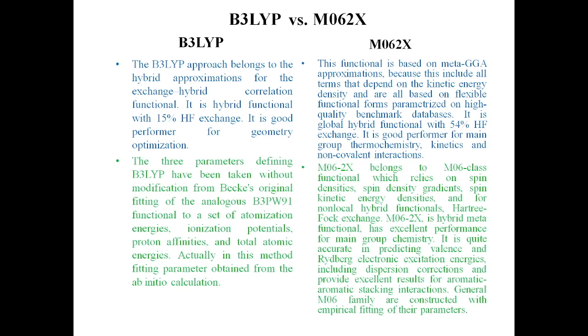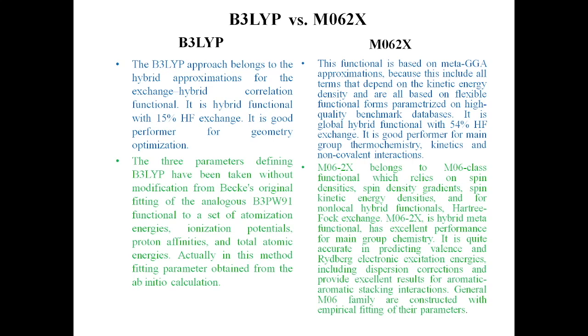M062X belongs to the M06 class of functionals, which rely on the spin density, spin density gradient, and spin kinetic energy density. And for the non-local hybrid functional, exact exchange. M062X is a hybrid meta-functional that has excellent performance for main group chemistry.